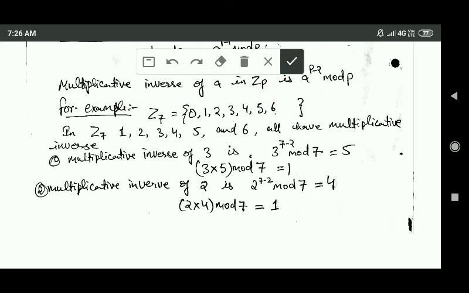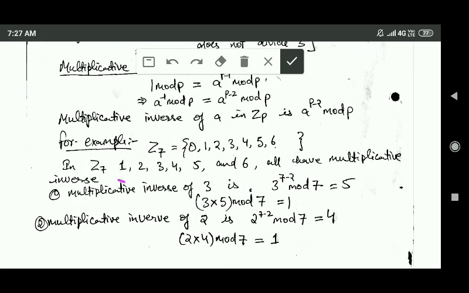Suppose we have Z7. 7 is a prime number. So Z7 is a set having the elements 0, 1, 2, 3, 4, 5, 6. In Z7, 1, 2, 3, 4, 5, 6 are all relatively prime to 7, so they all have multiplicative inverses in Z7, as 7 cannot divide 1, 2, 3, 4, 5 and 6.